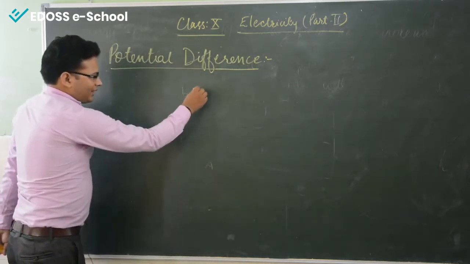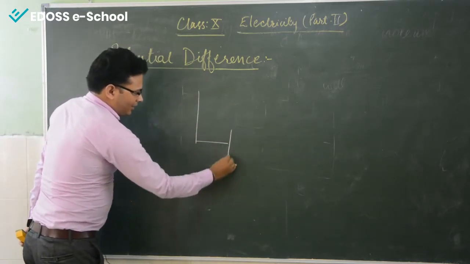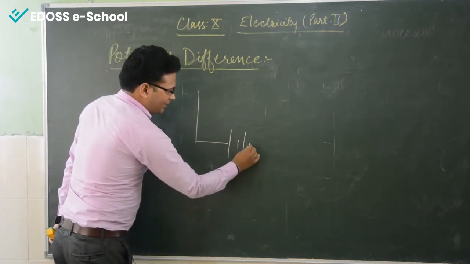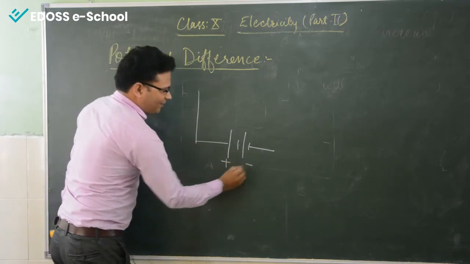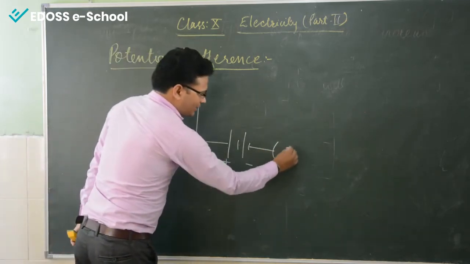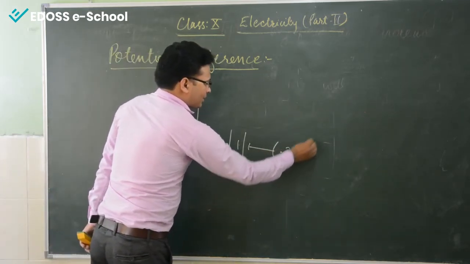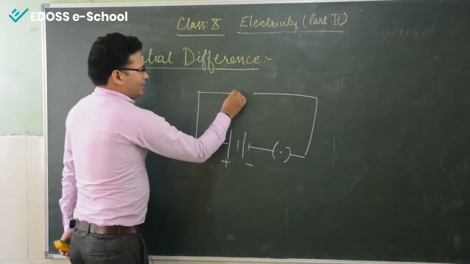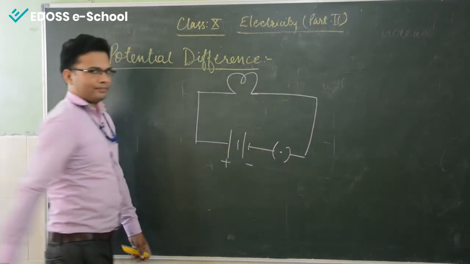Now for a circuit diagram having a cell or a battery with positive and negative terminals and a switch applied to it and a bulb, right?